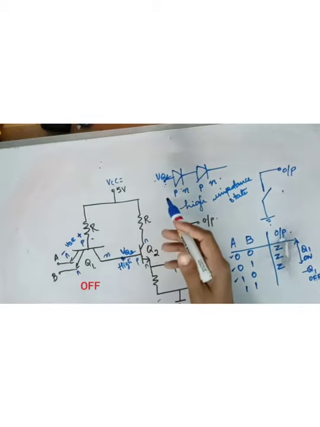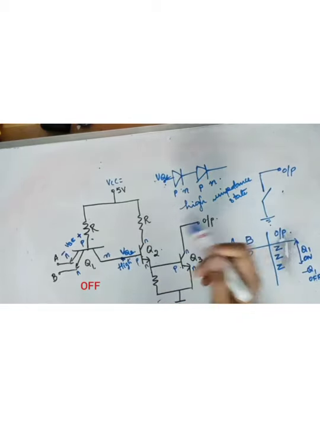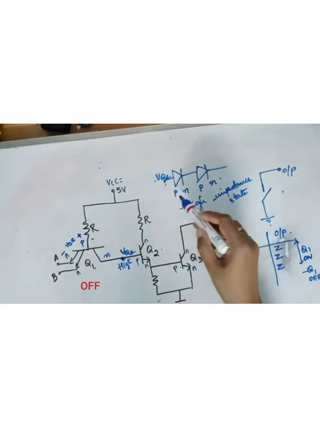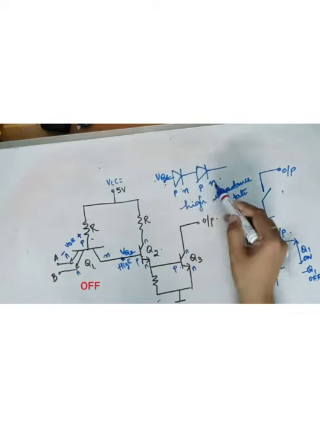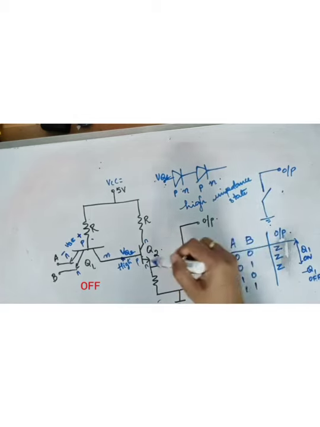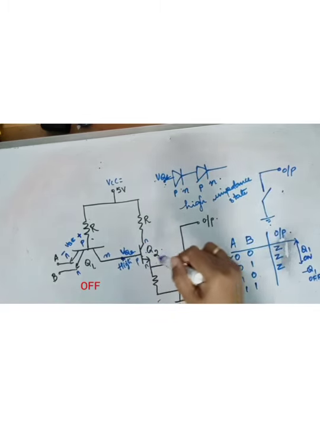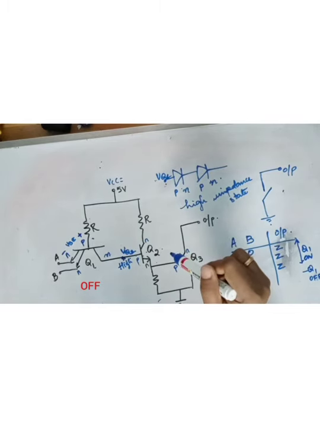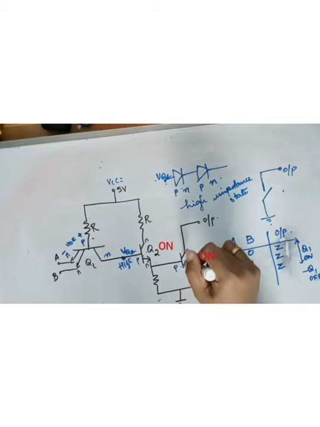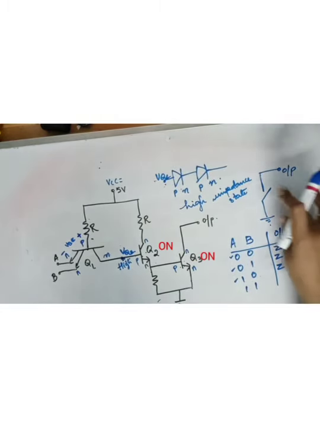High means sufficiently high, greater than 1 volt. We need just 1 volt for both the transistors to be on. Here you have more than 1 volt, so Q2 and Q3 both are on. Q3 is on means what?